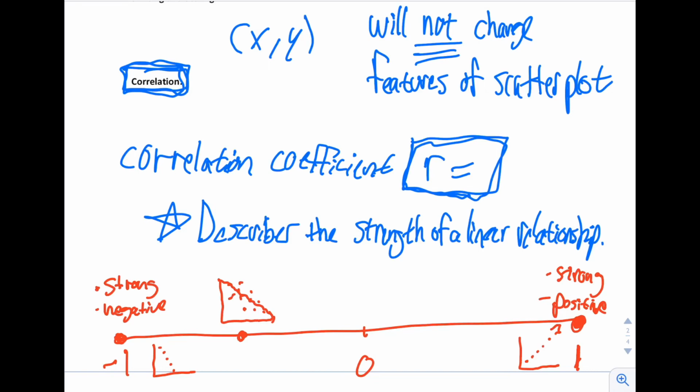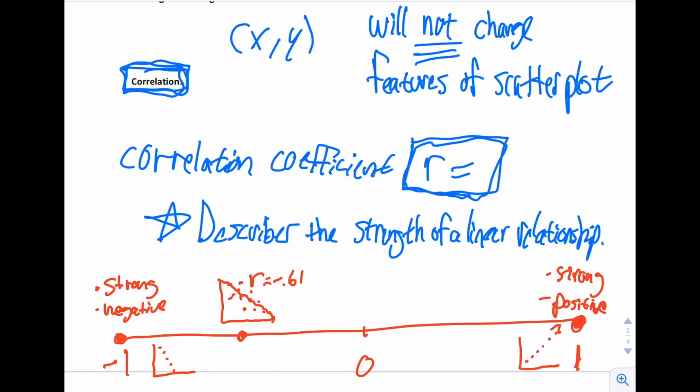But compared to the one I drew below it, this association isn't as strong. It is clearly negative, but not as strong as negative one. So this would be somewhere between -1 and 0. I'm going to arbitrarily pick -0.61. We'll learn how to calculate that value in class, and most of the time in this course you'll be using your calculator to do all the hard work for you.